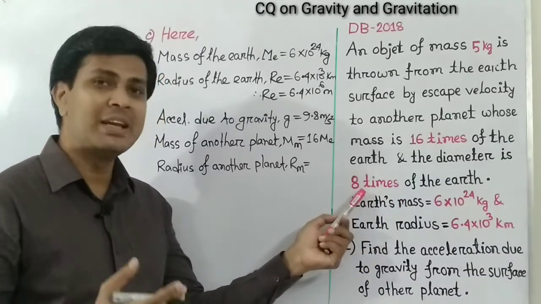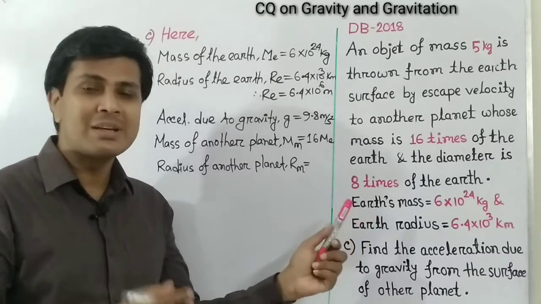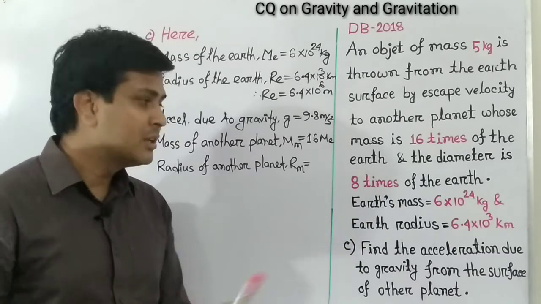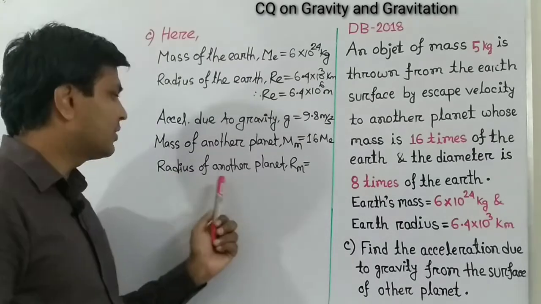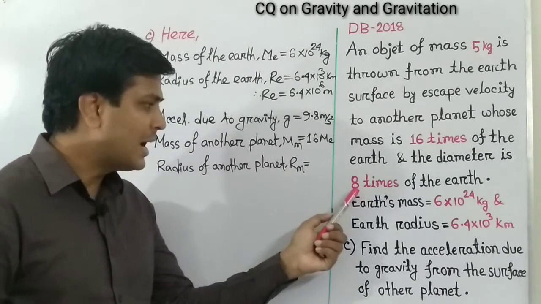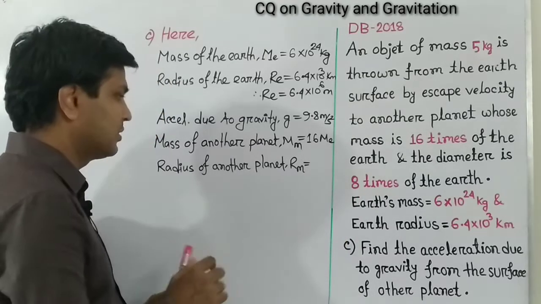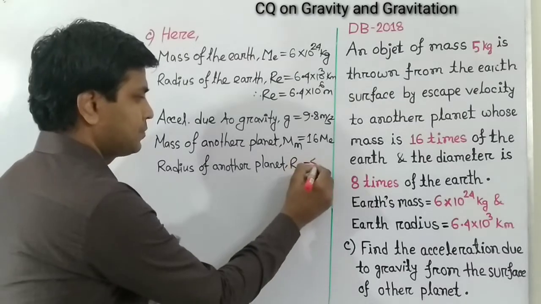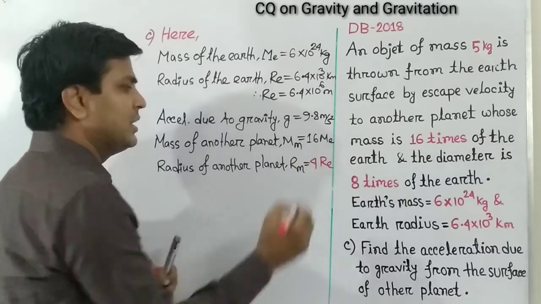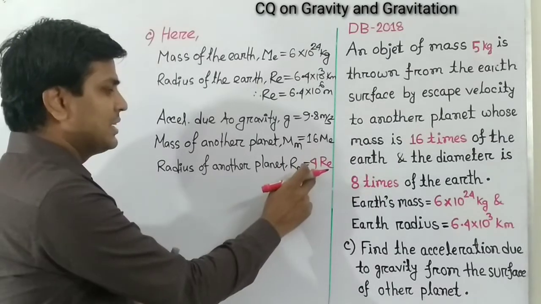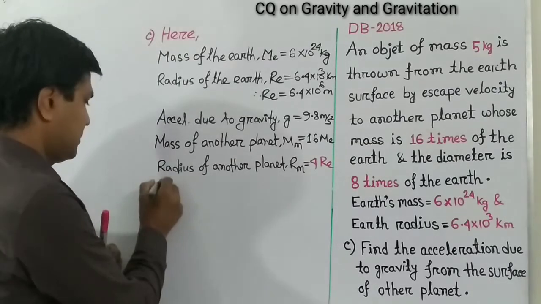If the diameter is 8 times, then the radius will be 4 times, because we know the radius is half of the diameter. So half of 8 means 4. So the radius of the other planet RM will be 4 times the radius of the Earth. So we can write here 4 RE.